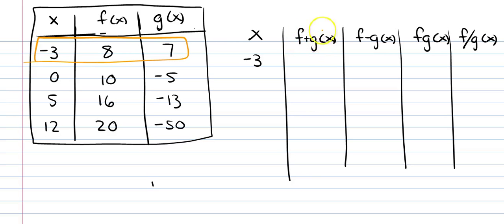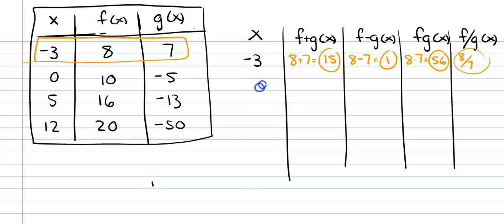F of x plus g of x, that's going to be 8 plus 7, which gets me 15 for my answer. F minus g, that's 8 minus 7. That gets me 1 for my answer. F times g of x, that's 8 times 7, or 56 for my answer. And f divided by g, 8/7. Nothing you can do to reduce that.